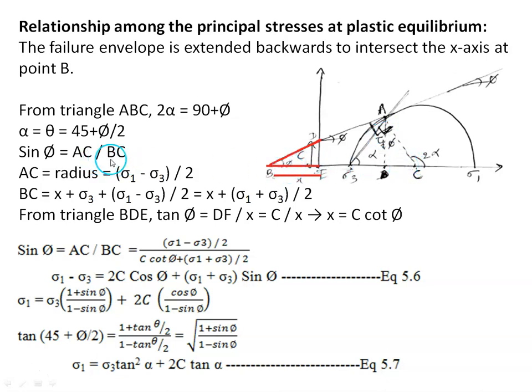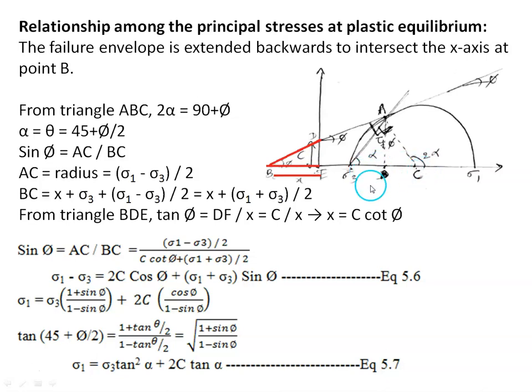What is AC? AC is the radius of the Mohr circle. We know that radius equals sigma 1 minus sigma 3 by 2. Then BC equals this: if this distance is taken as x, plus this is sigma 3, sigma 3 plus sigma 1 minus sigma 3 by 2, that is the radius.